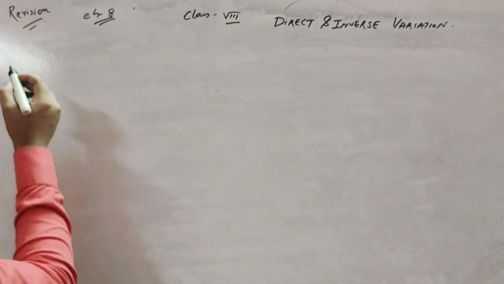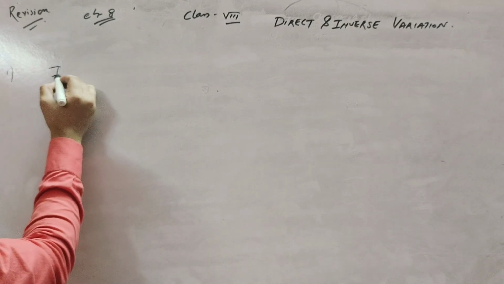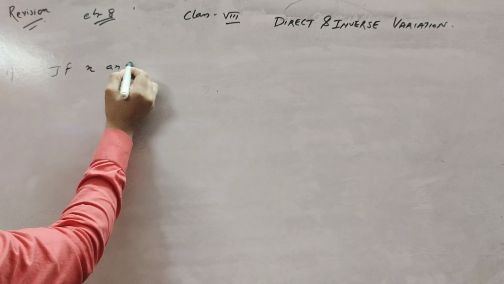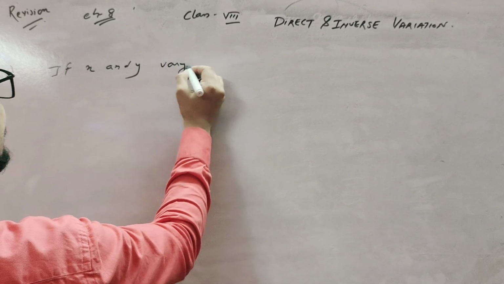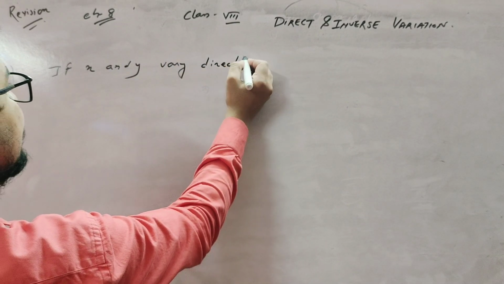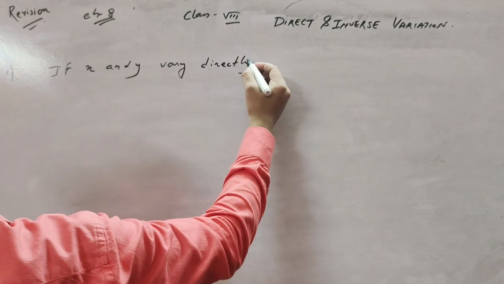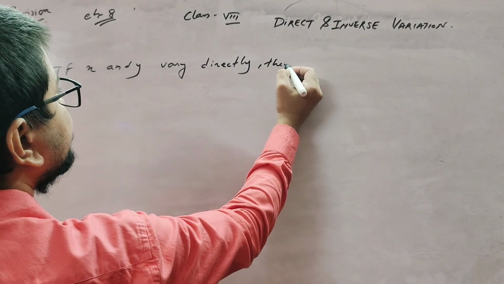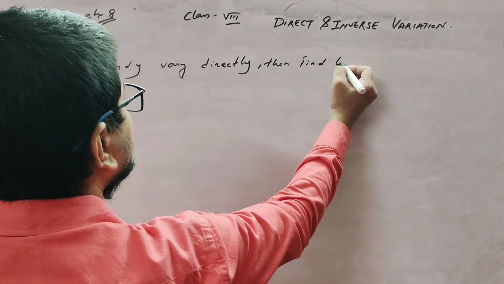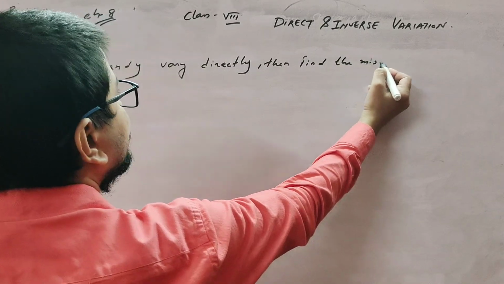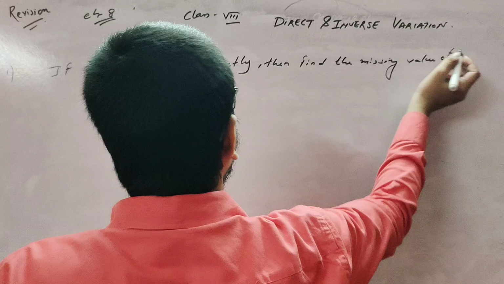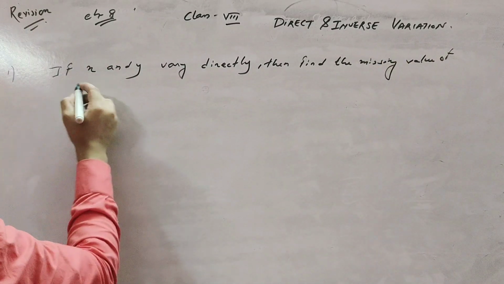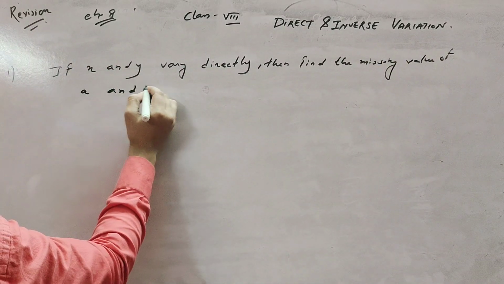Suppose a question is given: if x and y vary directly, clearly mention that it is direct variation, then find the missing values of a and b.